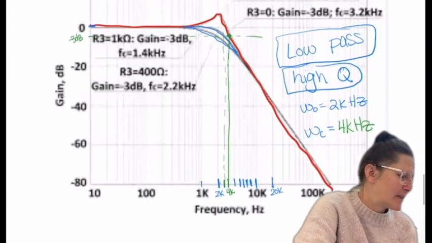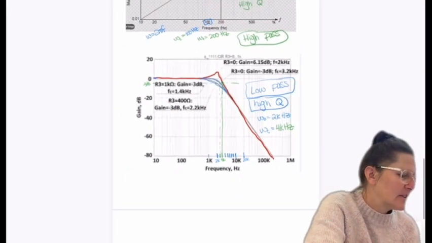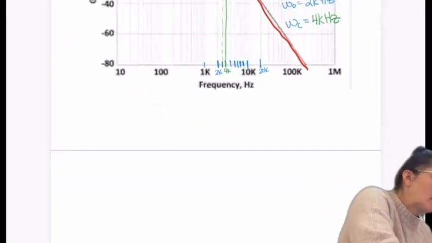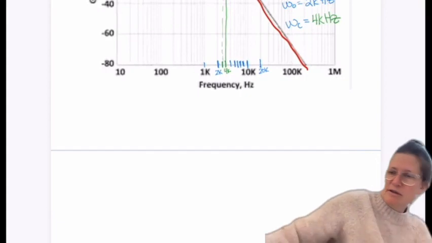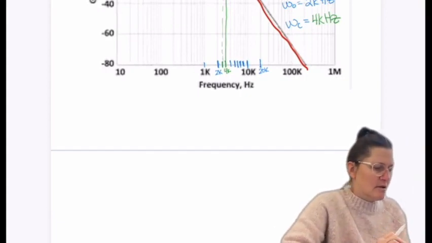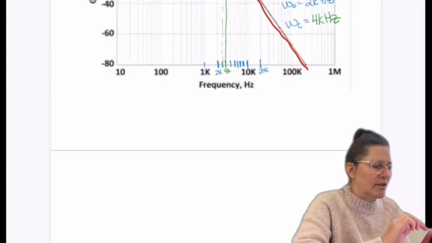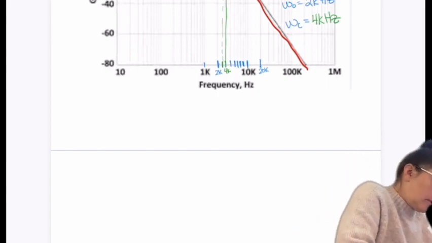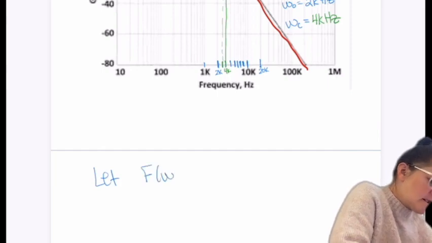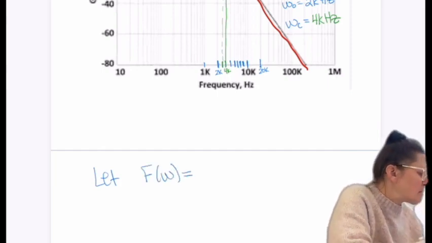Okay, I think those are all that I have. Okay, so let's do, find, let f of omega equal 8 plus 1 e to the minus j omega 4 plus 7 over plus j omega.